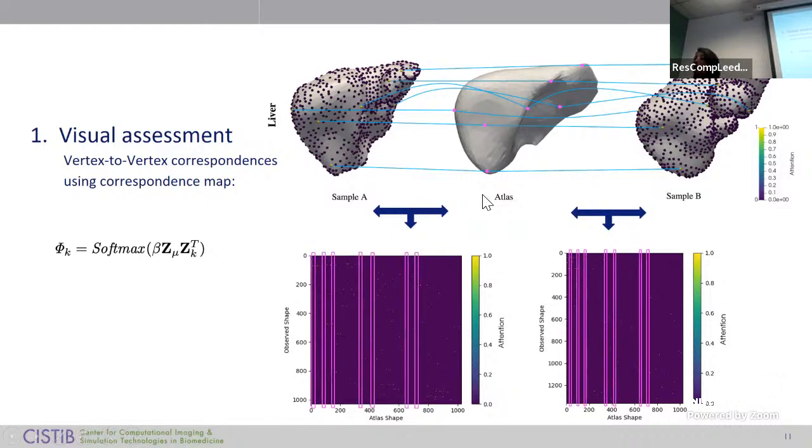And as you can see, the important landmarks, like triangle one that shows the liver generally, are preserved in both samples.